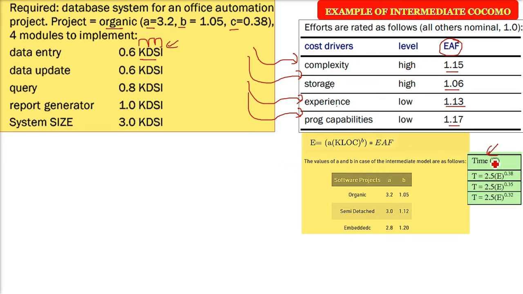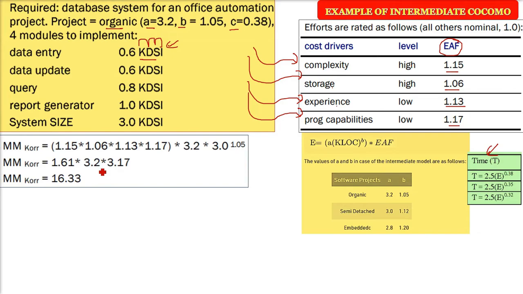This time value is 2.5, which is B1, and the power is B2. Sometimes in various books you will see MM, or person-months. Don't worry, this is nothing but the effort. Sometimes you will see LOC, lines of code. Somewhere you will see KDSI, that is thousands of delivered source instructions. But the basic idea remains the same.